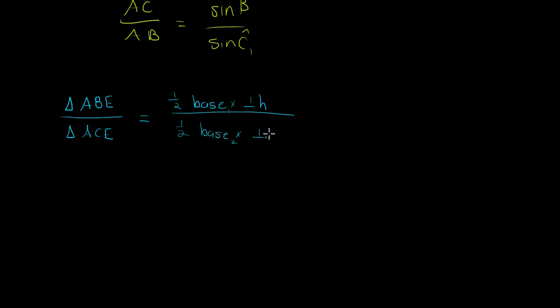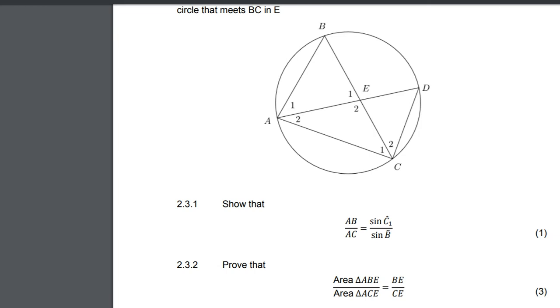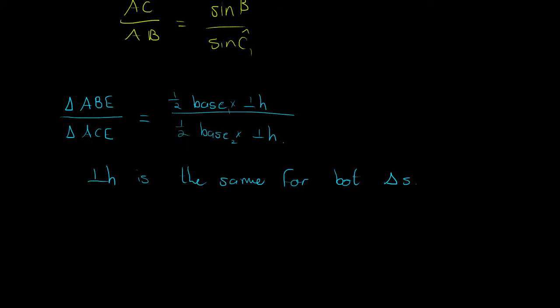Then you could have said the perpendicular height is the same for both triangles. You didn't even have to give a reason, you can see it's the same height. You could have drawn it in if you wanted to prove it to your examiner even more, but those two values are the same, so this is just equal to a half.